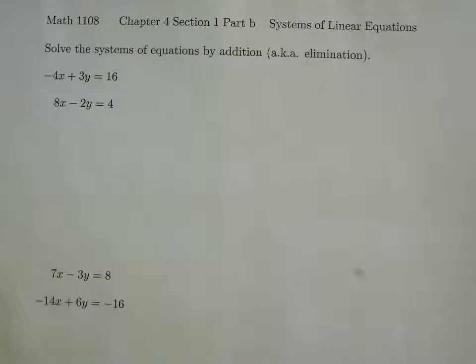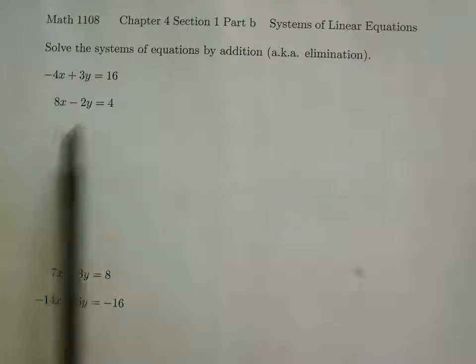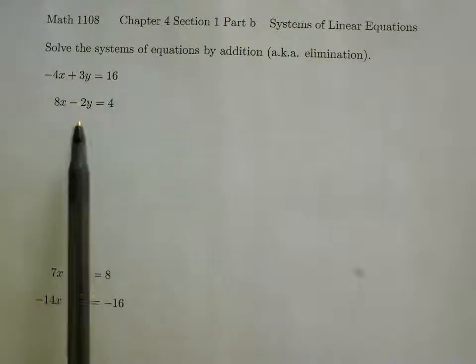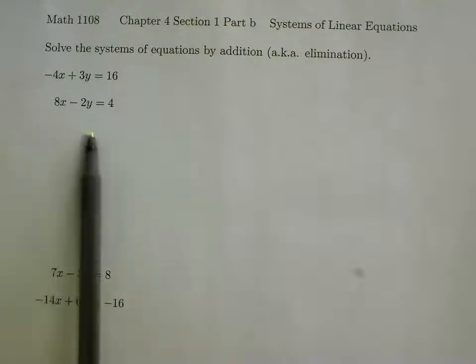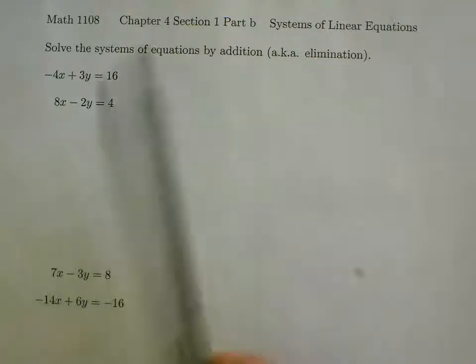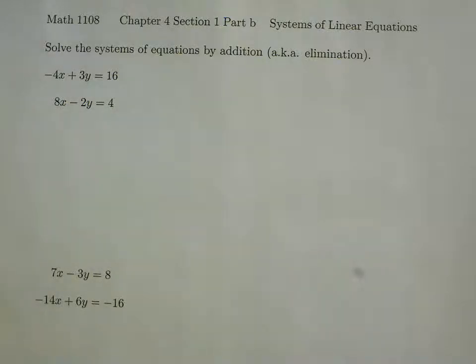You see that? Negative 4x plus 8x is 4x. 3y plus negative 2y is just y. So the left-hand side is 4x plus y. And the right-hand side, 16 plus 4 is 20. But neither of the variables was eliminated.